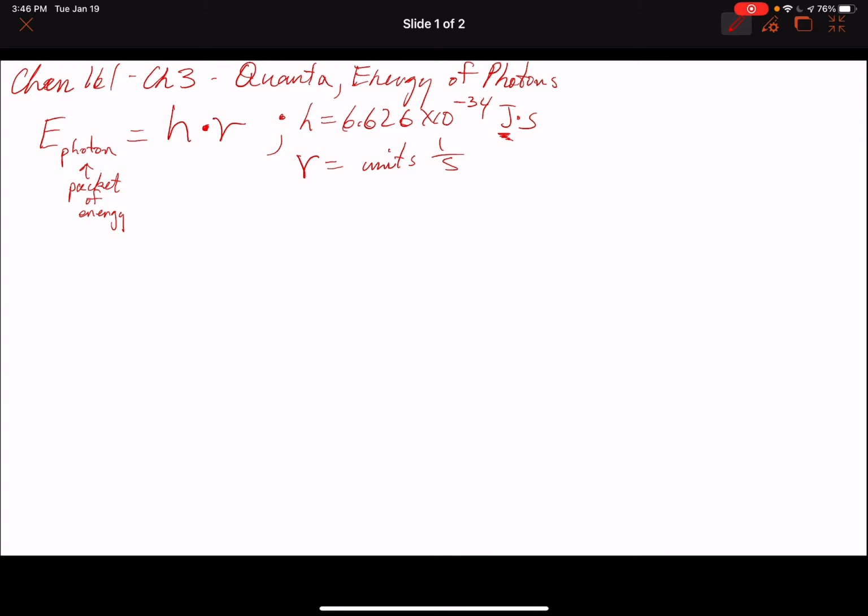Okay, so the units we expect here are going to be in capital J, joules, and we've seen Planck's constant, and now we know frequency, of course. So let's take a look at an example.